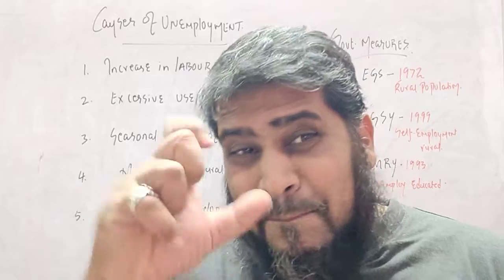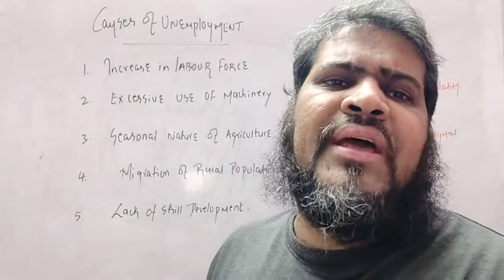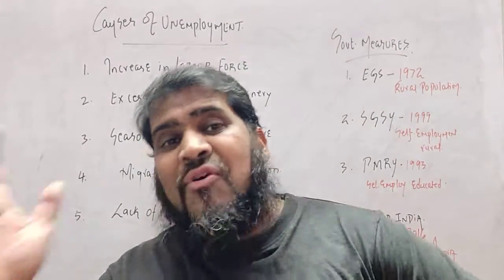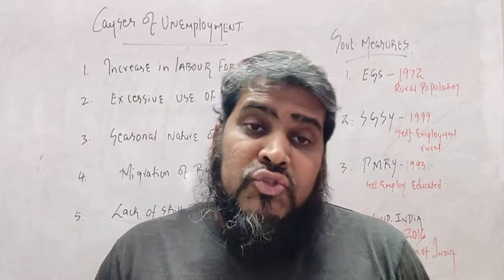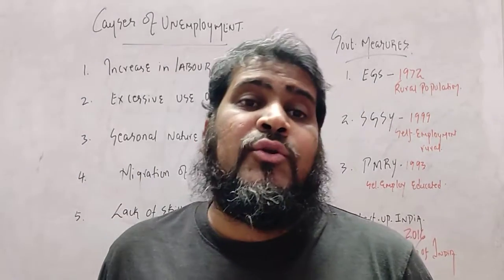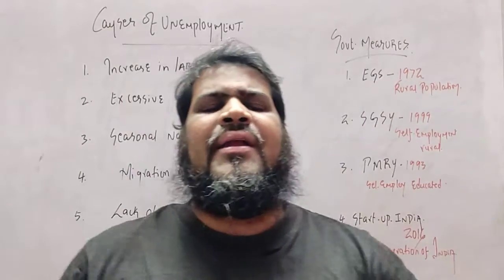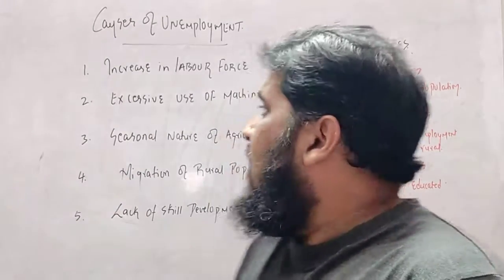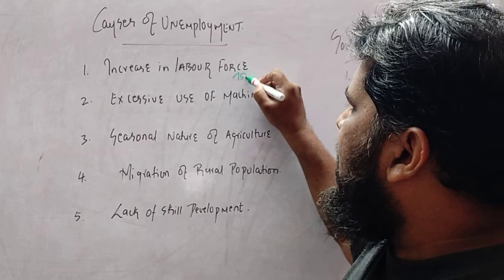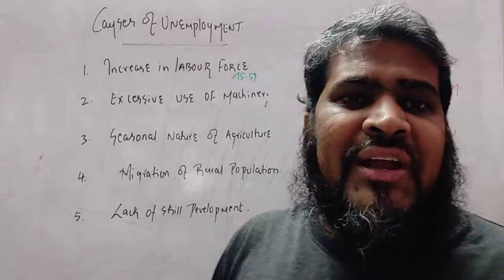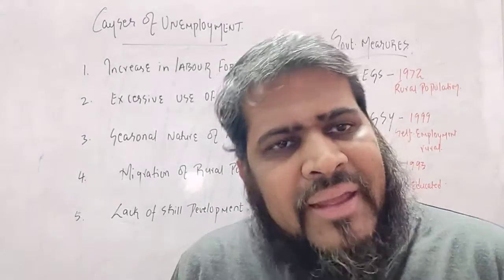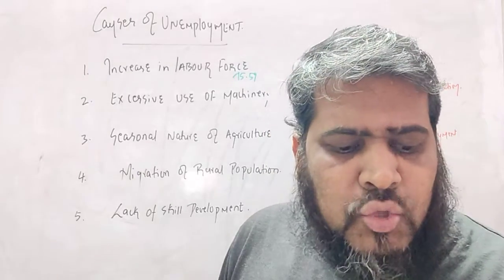But the economic development is not so fast that the labor force is going to get employment. What is labor force, students? Not the entire Indian population is labor force. Labor force is counted between the age group of 15 to 59 years. So what is happening?